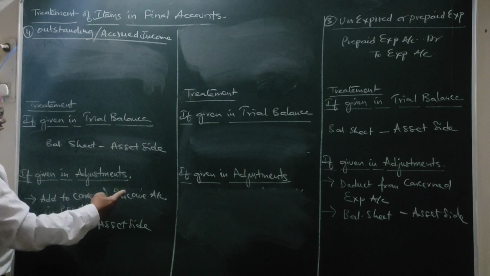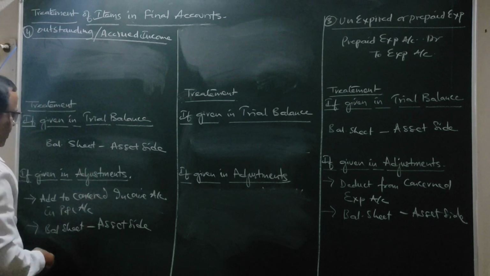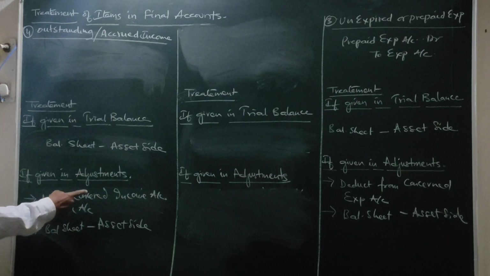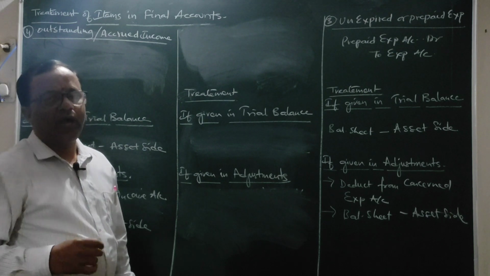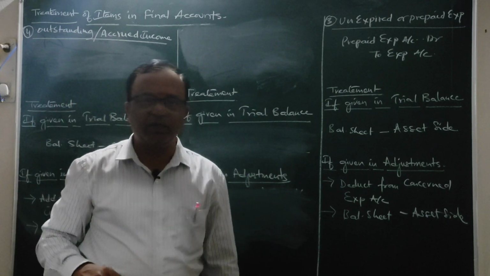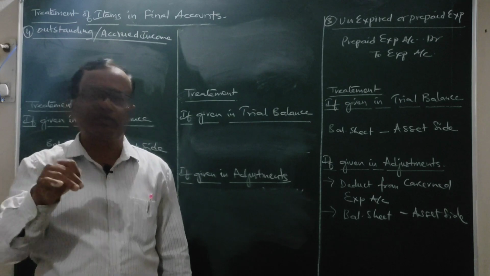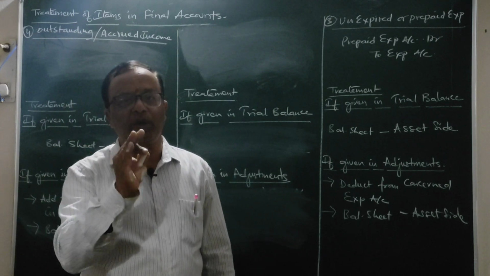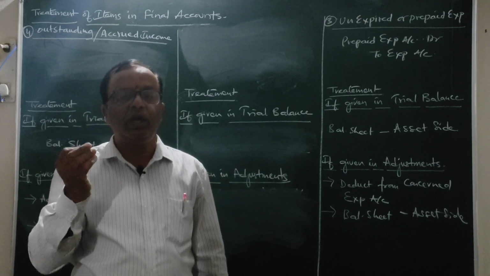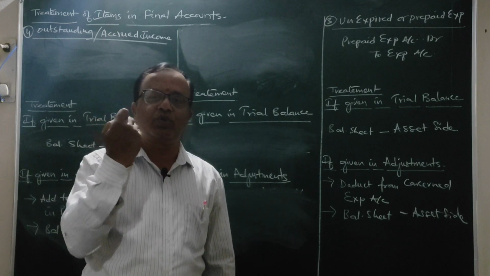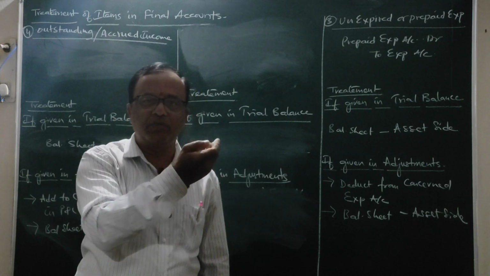Now what is the entry you are going to write for this? We add to the concerned income account. Just like outstanding commission means commission amount receivable, we should add it to the commission received account. Being an income account, it shows a credit balance, so the opening balance is on the credit side.